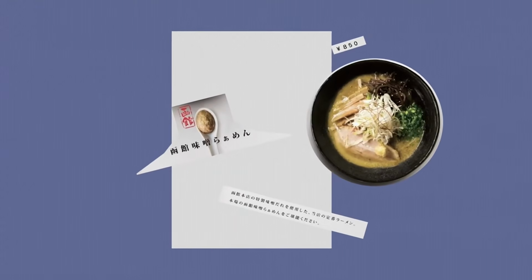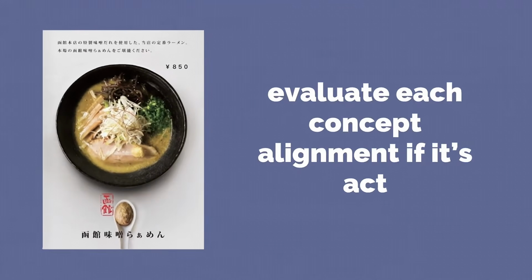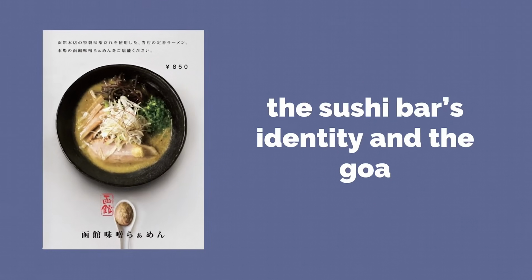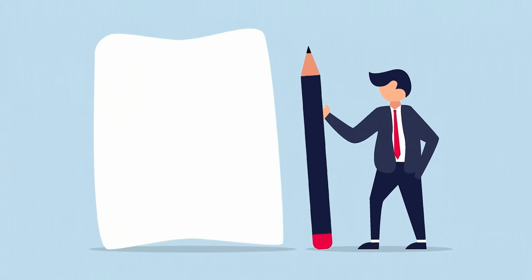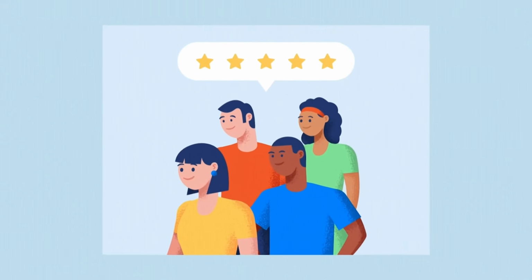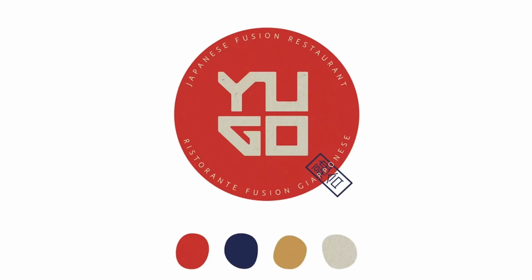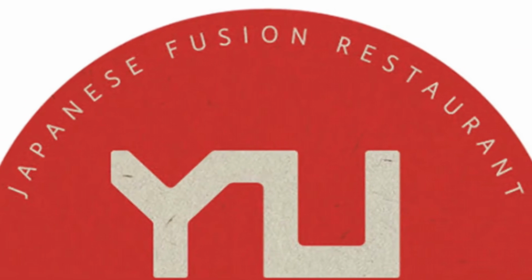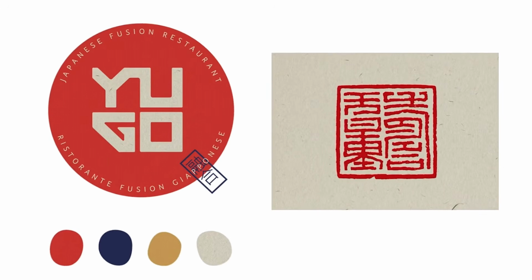We actually need to head into stage 5, which is where you refine those concepts into final design solutions. Designers here should evaluate each concept to see if it actually aligns with the sushi bar's identity and the goals. You need to prioritize those that effectively communicate its unique offerings and resonate with the target audience. Visual refinement follows, and that's with careful selection of typography, color palettes, and imagery to convey the desired tone and atmosphere.